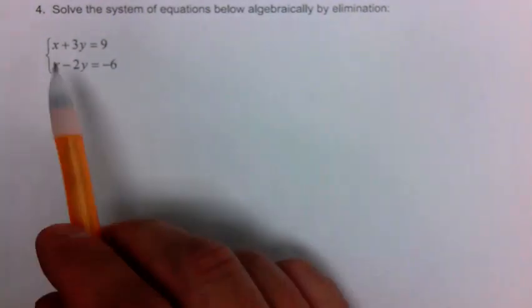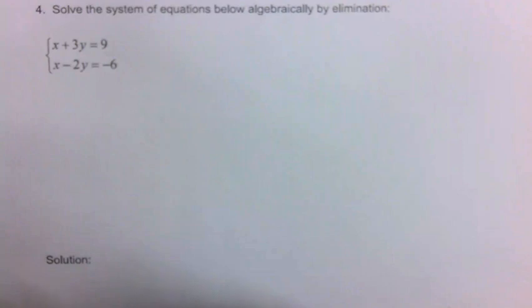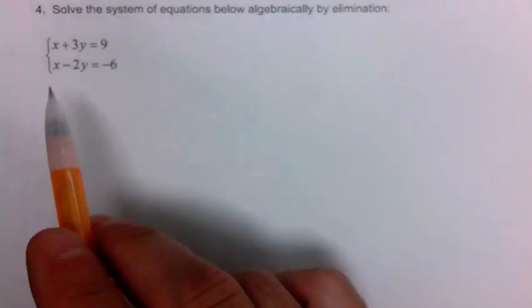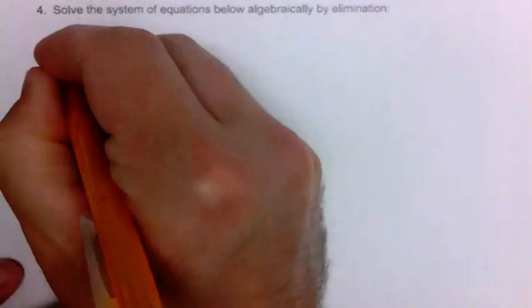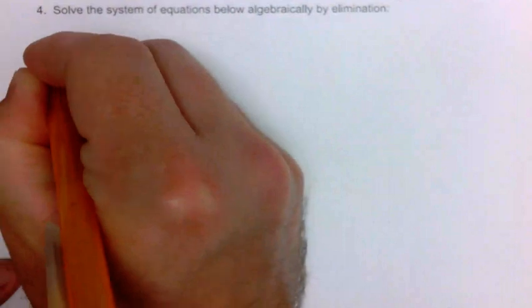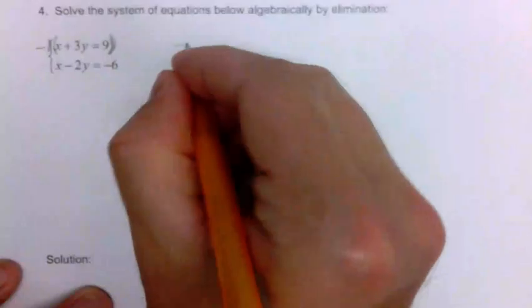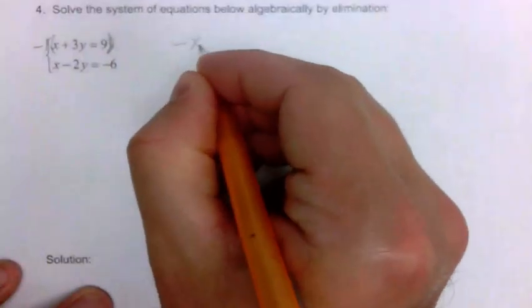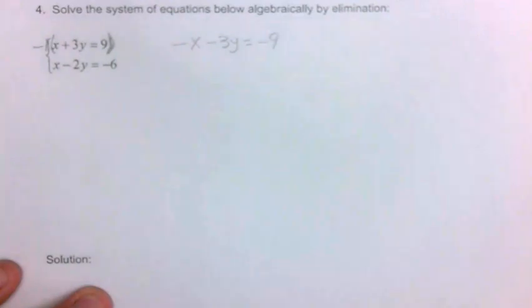So with my x's, since they're the same, I'm going to turn those into opposites by multiplying one of the equations by negative 1. Just like we did with the last example, I'm going to multiply my first equation by negative 1. And when I do that, that becomes negative x minus 3y equals negative 9.